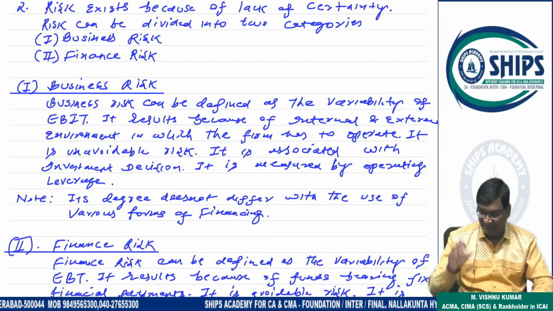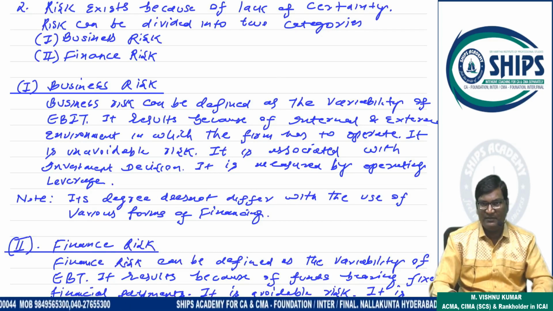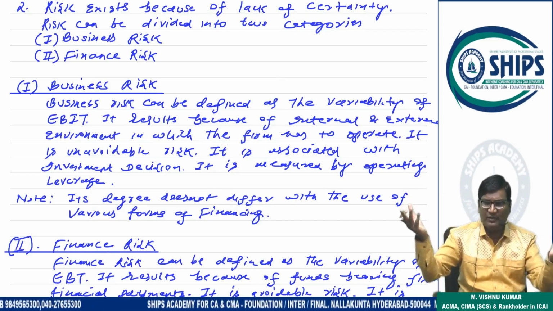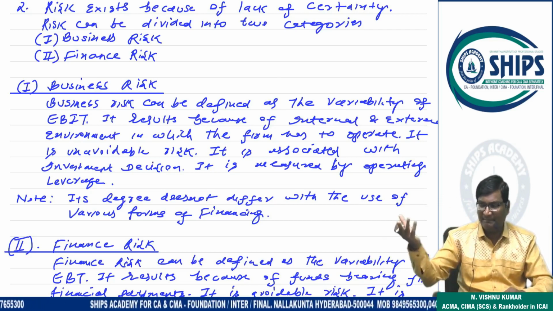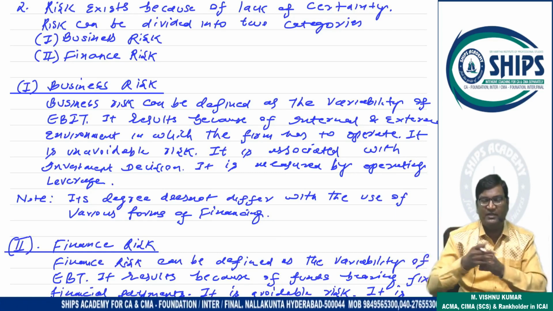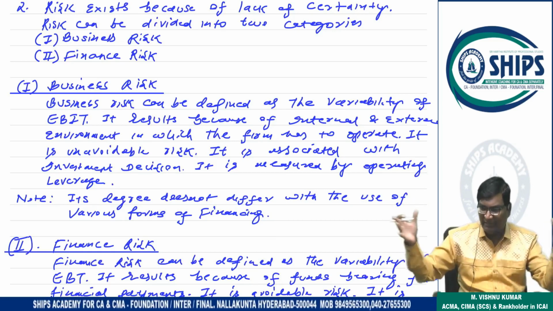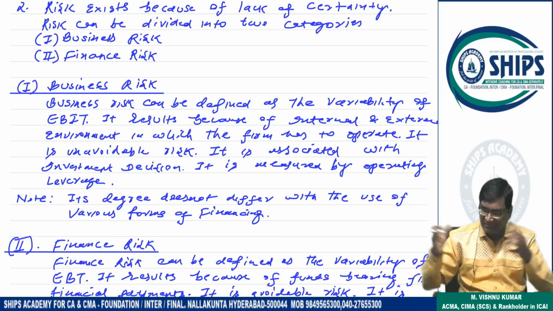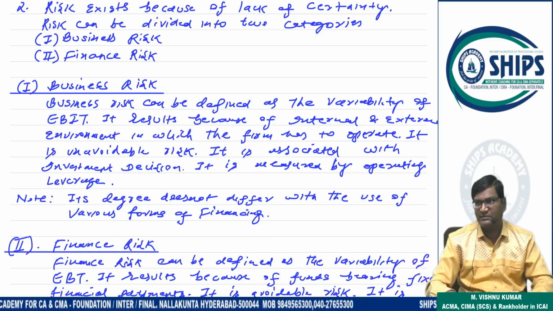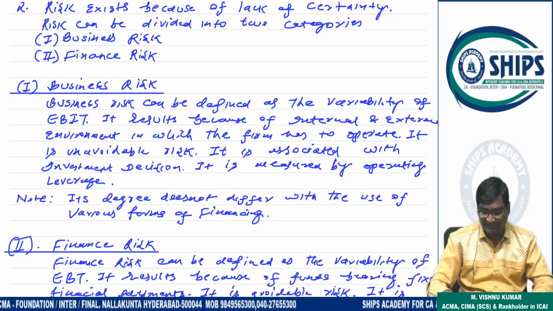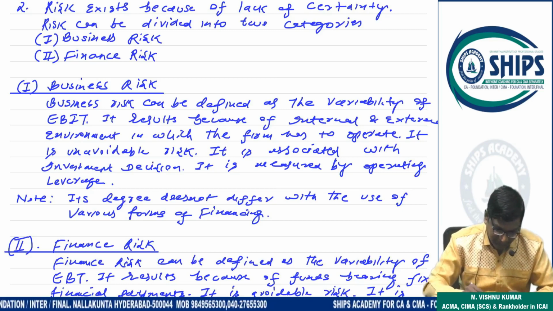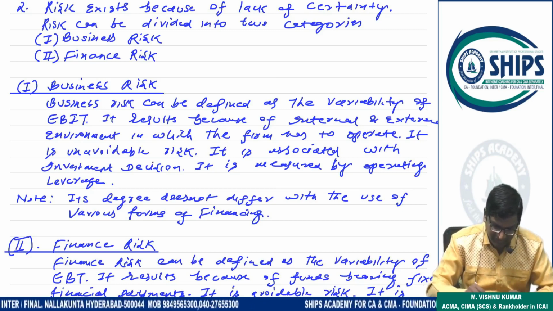Understand? If your business is not growing, you will not increase fixed cost. When your business is growing, you purchase big plant and machinery, then fixed cost will also increase. So this risk arises due to investment decisions.